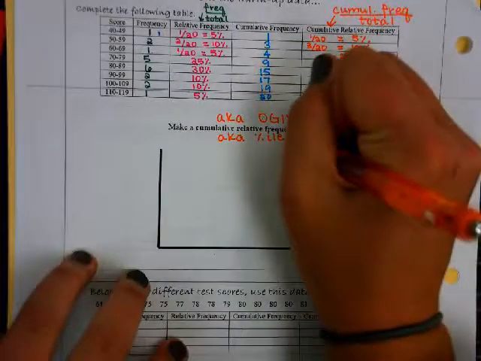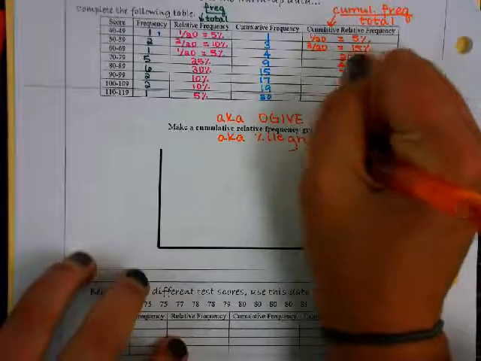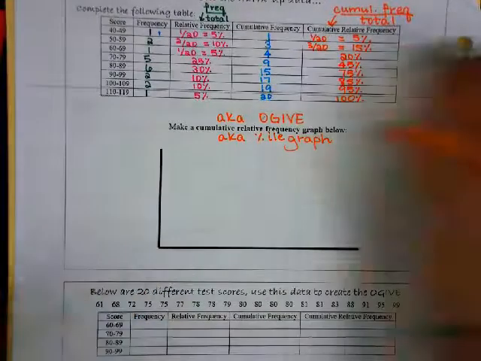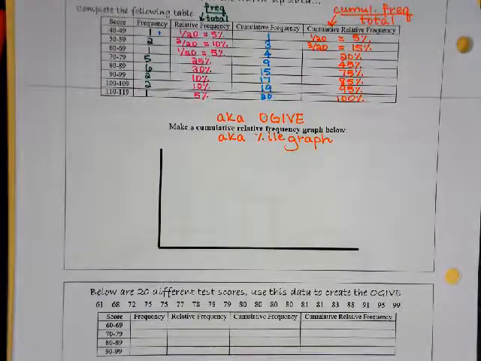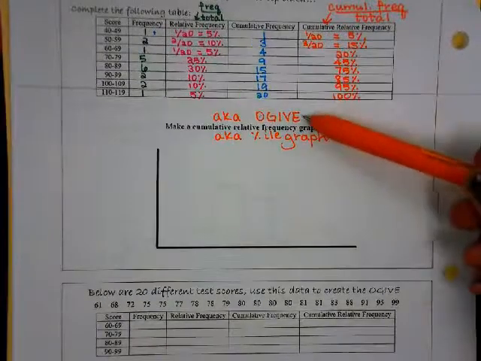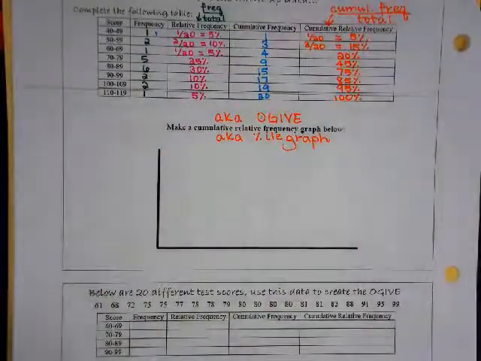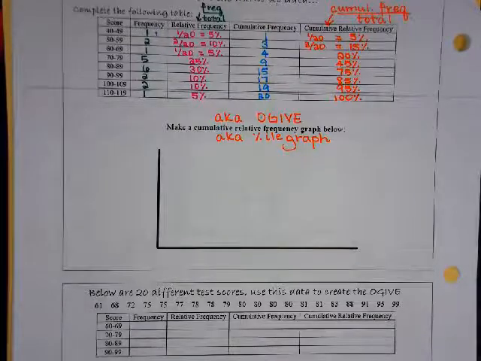I will say ogive. In your homework, it'll probably say cumulative relative frequency graph because that is the technical name. But that's just so much easier to say. But I really have no clue where it came from. You would think the letters would mean something. No.